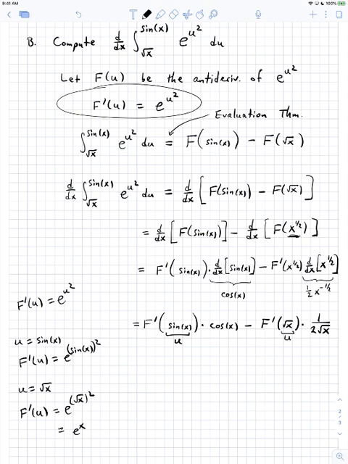Now putting all of this together, we have F prime of sine of x is e to the sine x quantity squared times cosine of x, minus F prime of the square root of x is e to the x times 1/2 square root of x. And that's our answer.